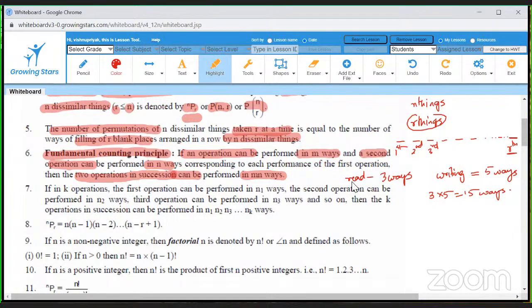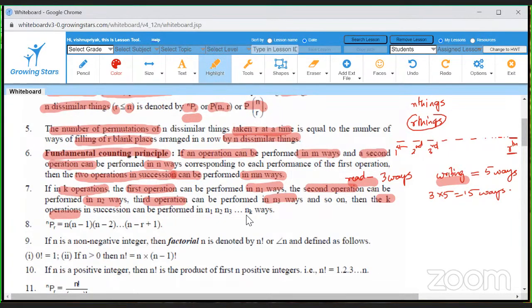Here I'm talking about only 2 works, reading and writing. But suppose there are k works. The first work can be done in n1 ways, the second work in n2 ways, the third work in n3 ways, like that, the kth work in nk ways.